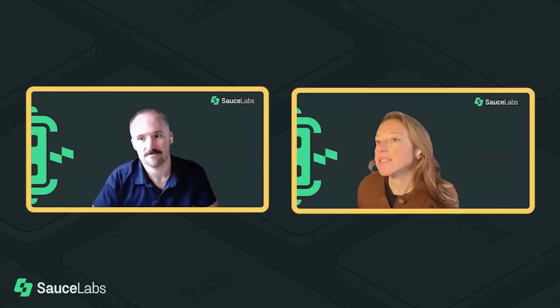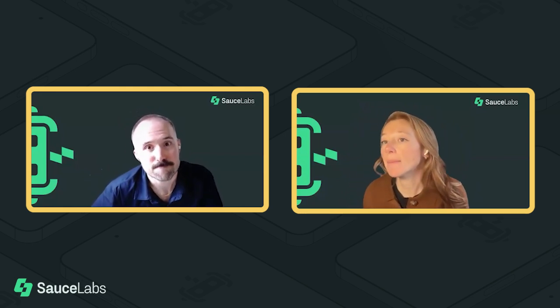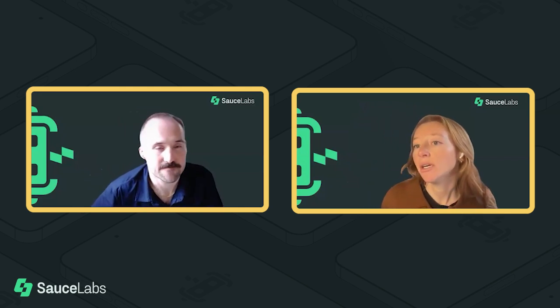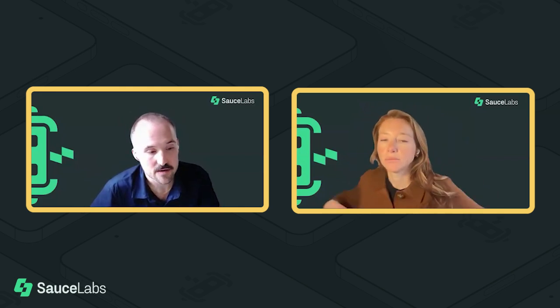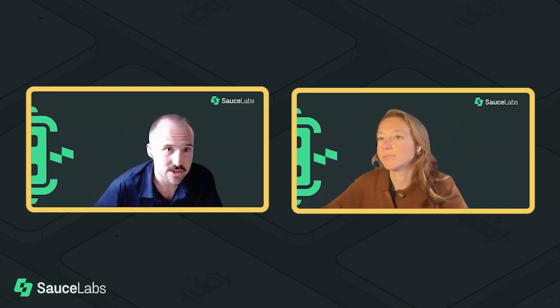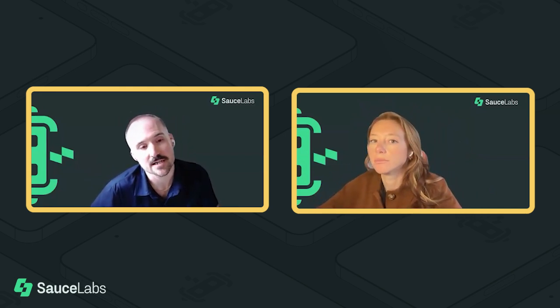Nick, any other insight for folks who are looking to rebuild their apps for Apple Silicon? Yeah, this does come up. There may need to be a change within your build process as part of this.